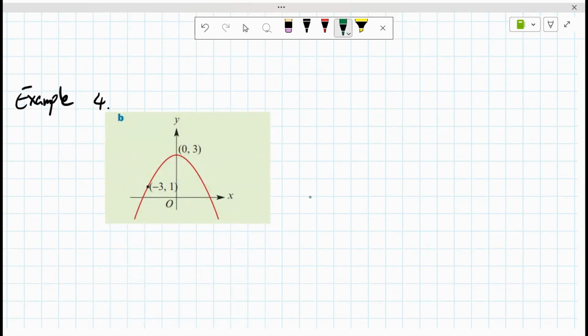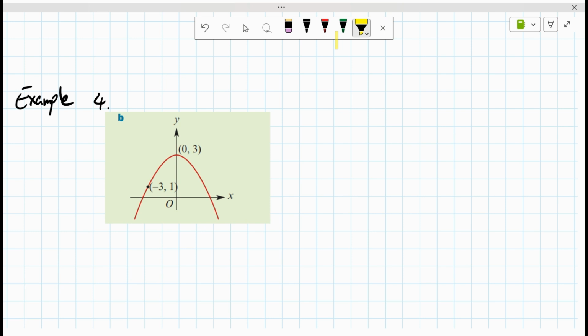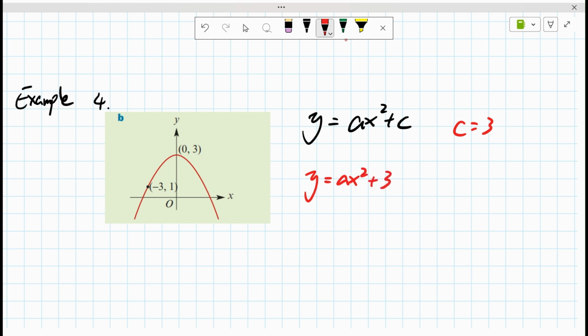Last one, we will have a graph, and we're gonna try to figure out how to do this question. Very simple and easy. Let's have a look. We know this one is just a translation, and it's upside down, right? We're going up, and also that's a negative sign, so we can say y equals ax squared plus c straight away. Because they're going up by 3, we can say c equals 3. So y equals ax squared plus 3. Now, when x equals negative 3, y equals 1.